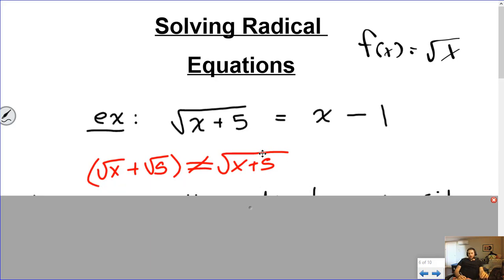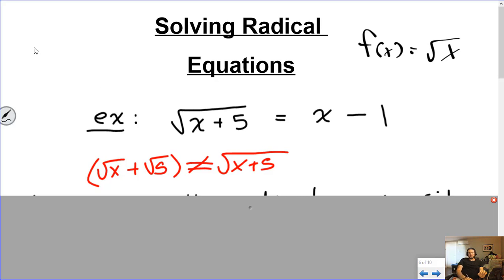Now, before we get started, I need you to really pay attention. The square root of x plus 5 is not the same thing as the square root of x plus the square root of 5, right? We just went over how this doesn't work like that. So make sure that you're not doing things like this.